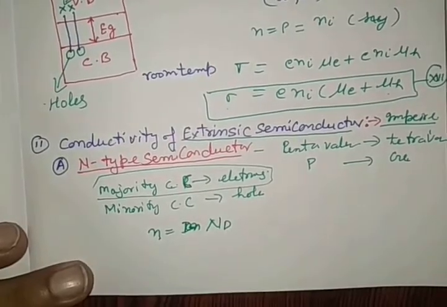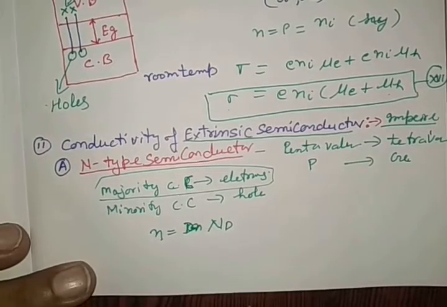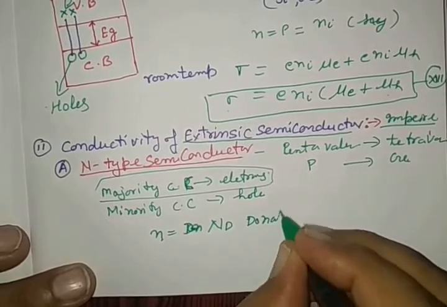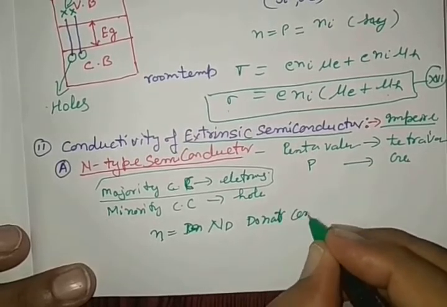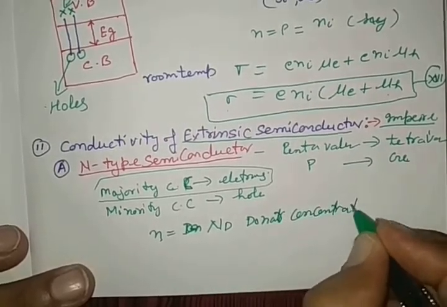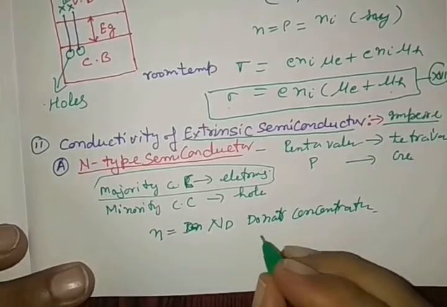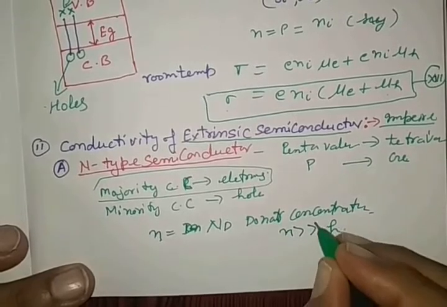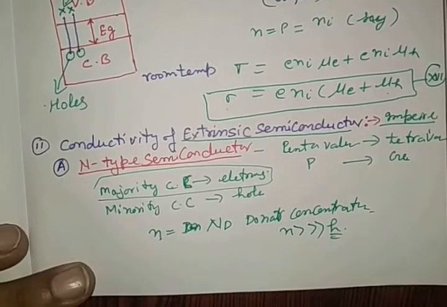This Nd is called the donor concentration. In that condition, n is much greater than the number of holes, so the hole term can be neglected.